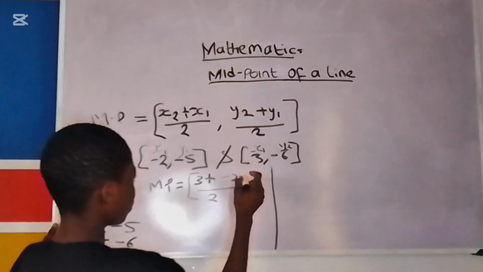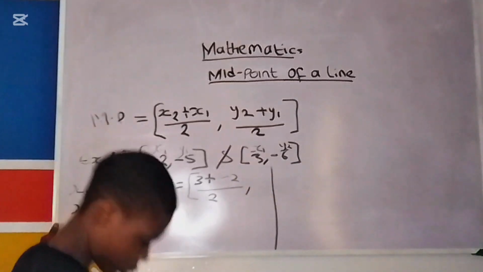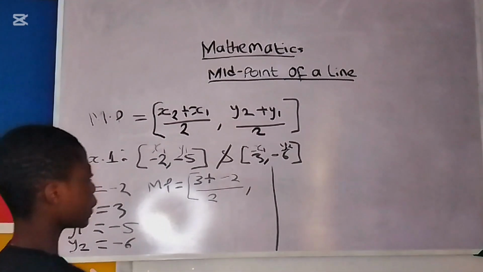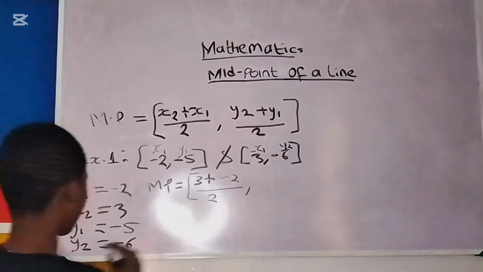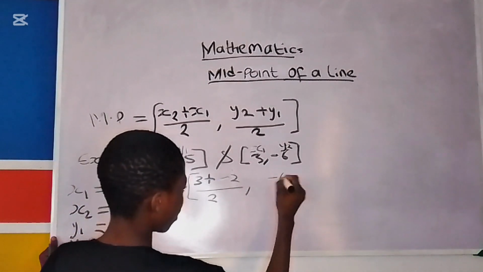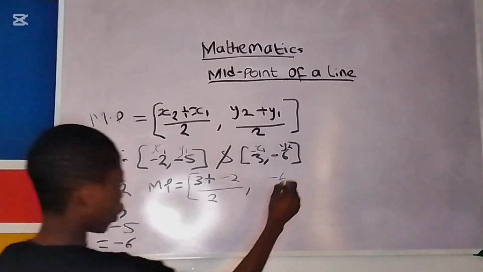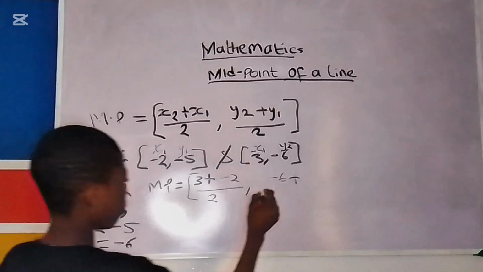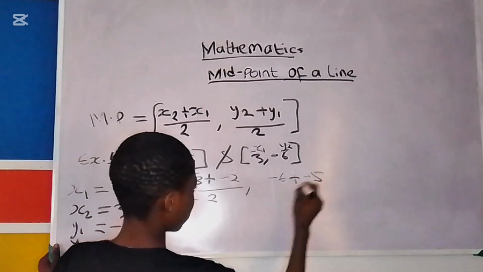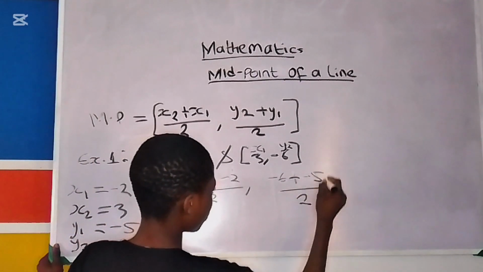Then comma, and our y2 is -6 plus our y1, which is -5, all over 2.